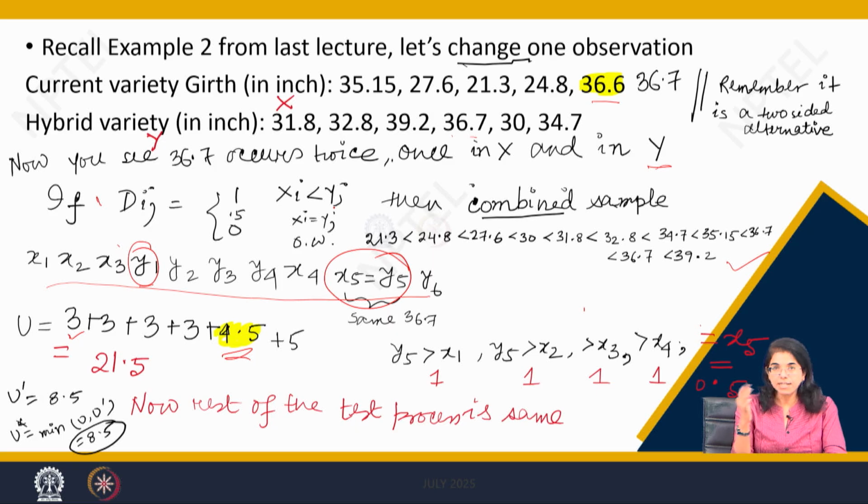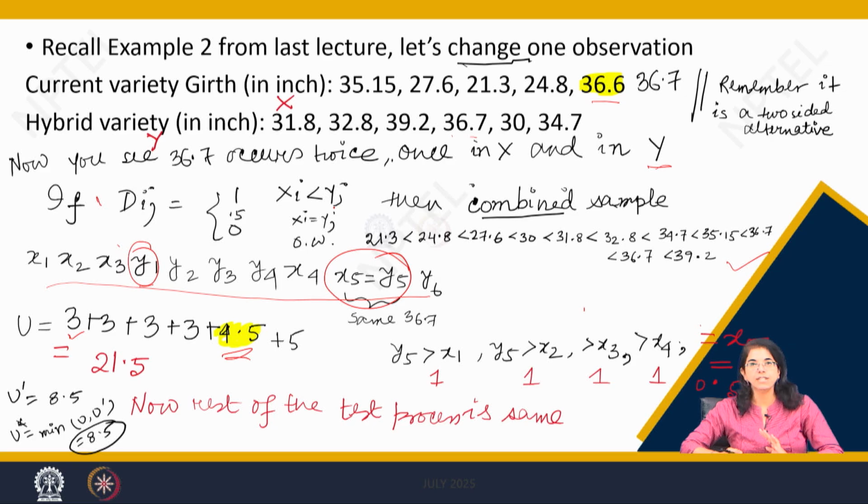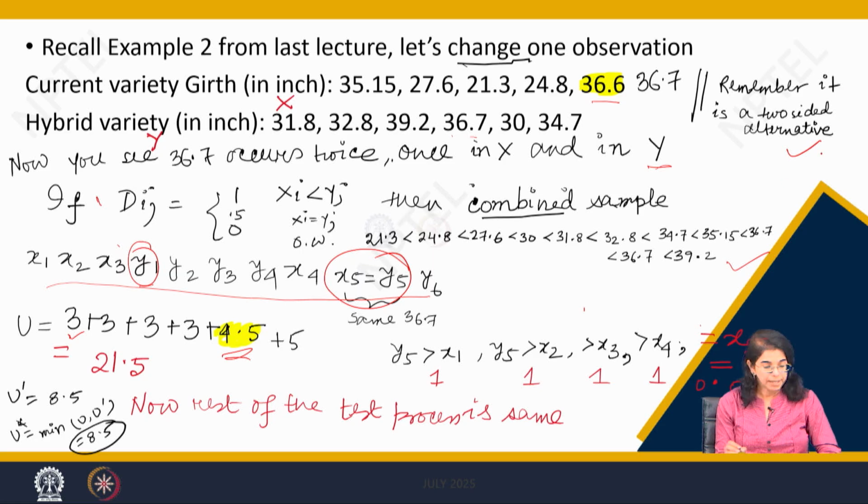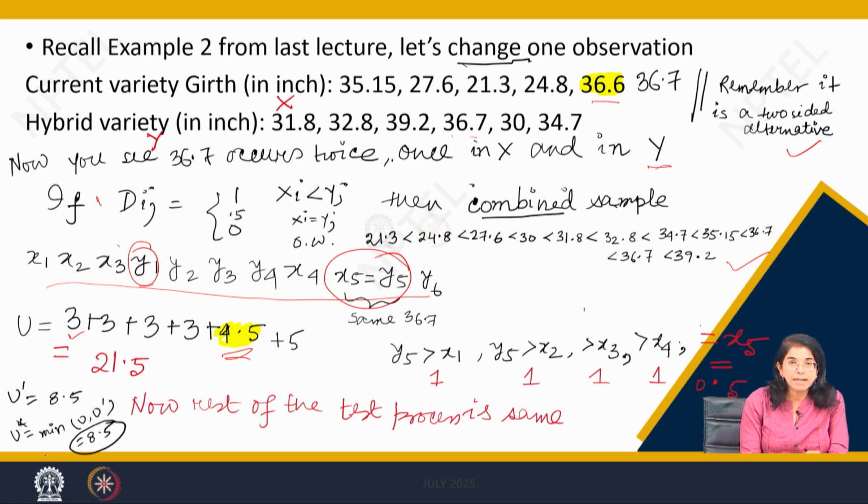You just change it to Dij prime, that will be Yj less than Xi, just the opposite side. In my last lecture, I told you that these are complementary to each other. So from there you will find U prime as 8.5, and remember it is a two-sided alternative. Therefore, U star, that is the minimum of U and U prime, turns out to be 8.5.